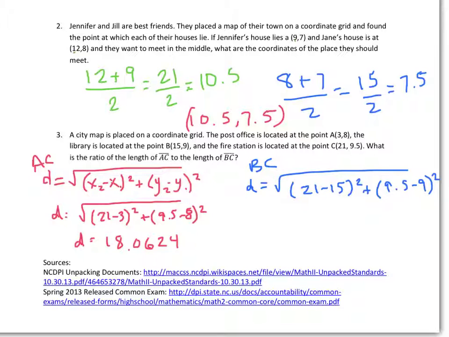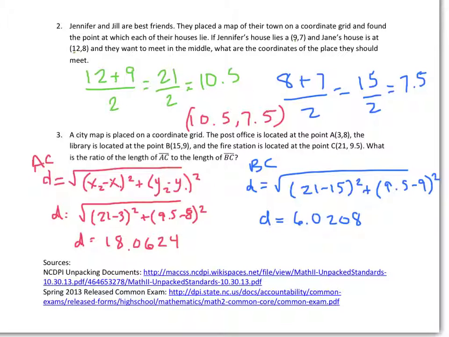Alright, and go ahead and simplify that. And we get that D equals 6.0208.